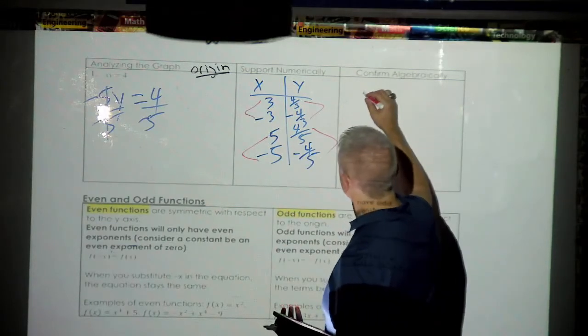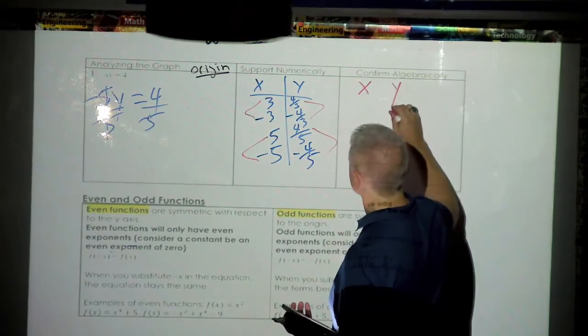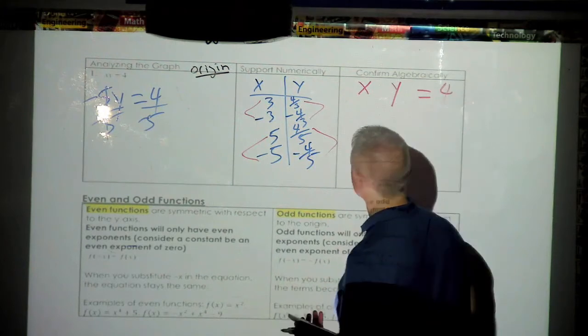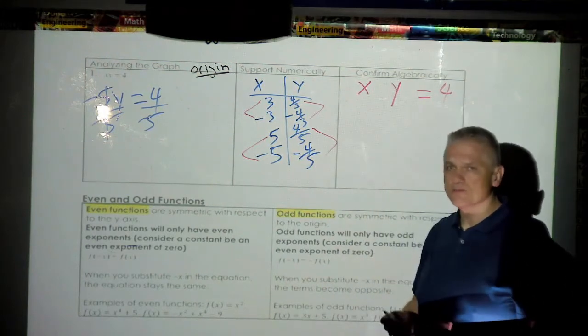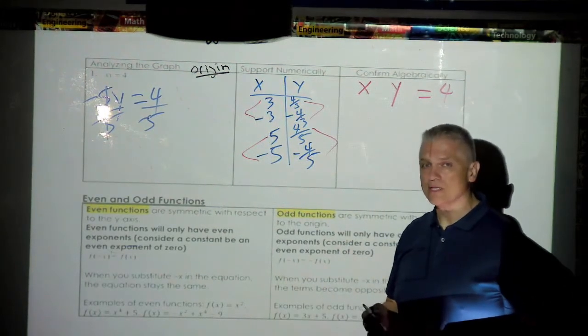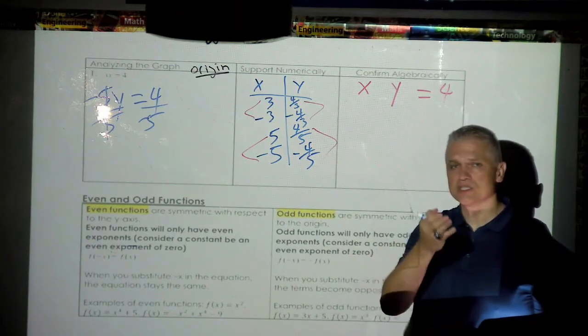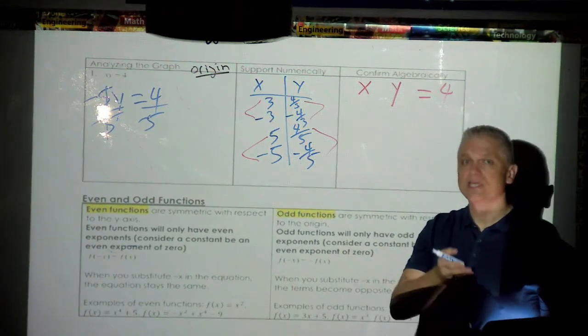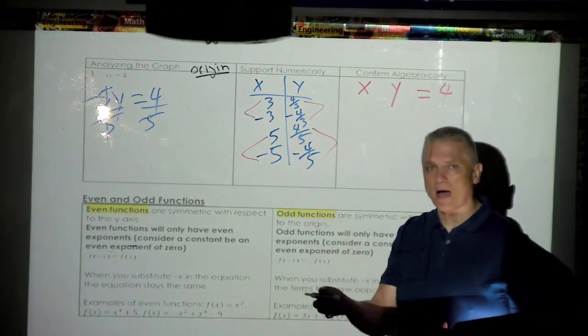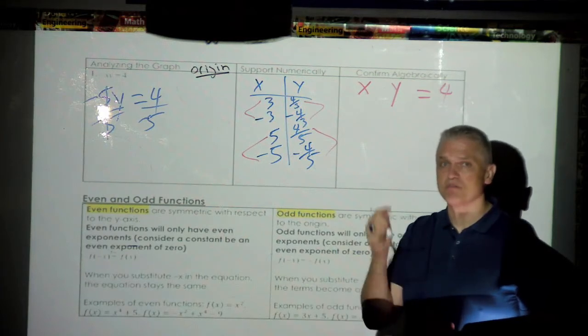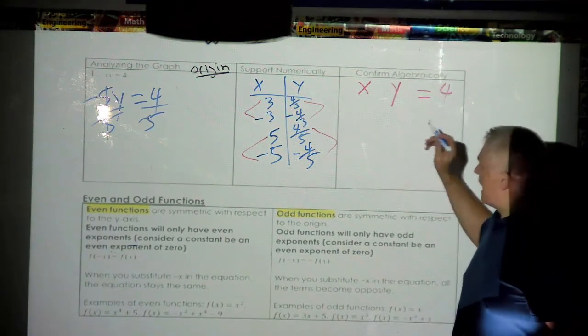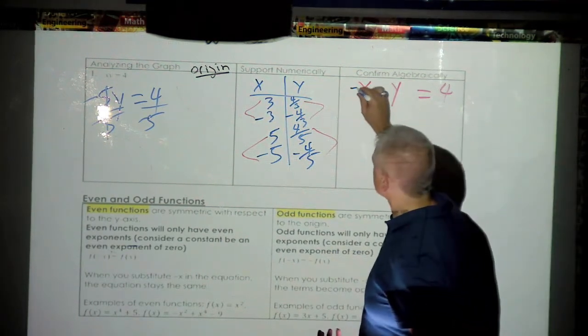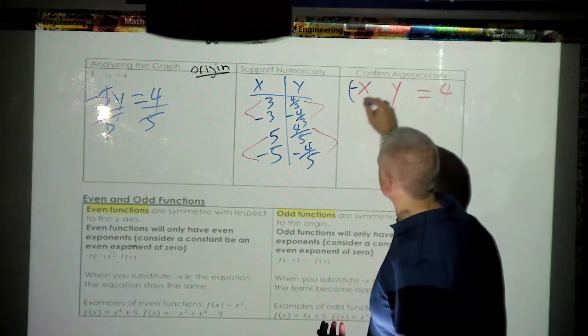So it said xy equals 4. In order to confirm it algebraically, we need to say, I changed the sign of x, it changes the sign of y. So I got to change the sign of both. So I changed the sign of x, and I changed the sign of y.